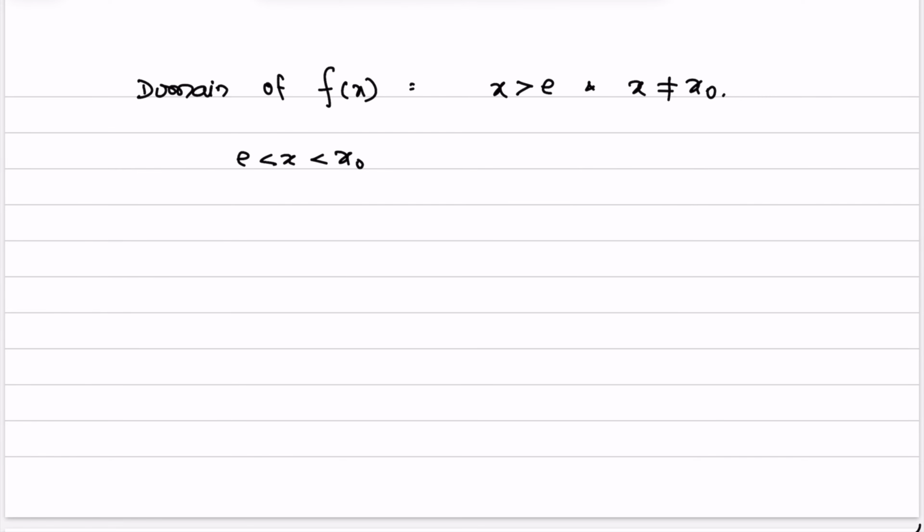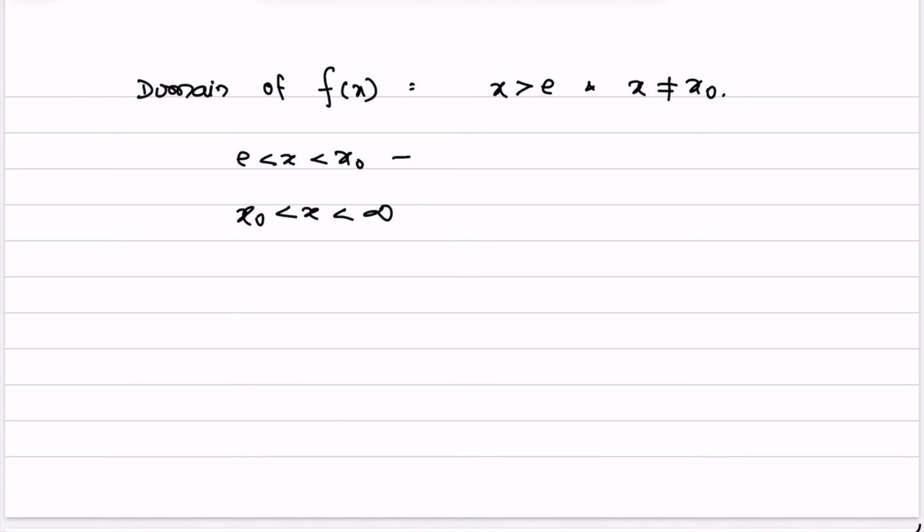It should not be equal to x naught. And x is greater than x naught and x is less than infinity.